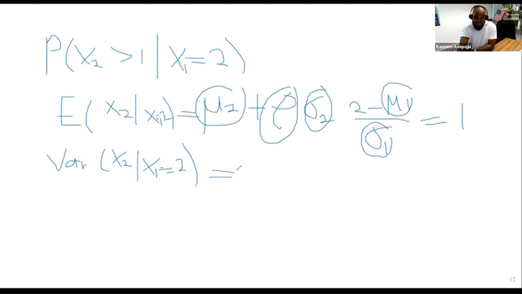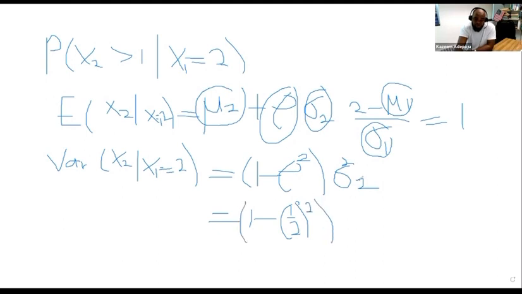But let me first write the formula for the variance. Of course, you remember the other time, it's just going to be 1 minus rho squared, then sigma 2 squared. And don't forget, I remember they give you rho to be half, right? 1 minus half squared.